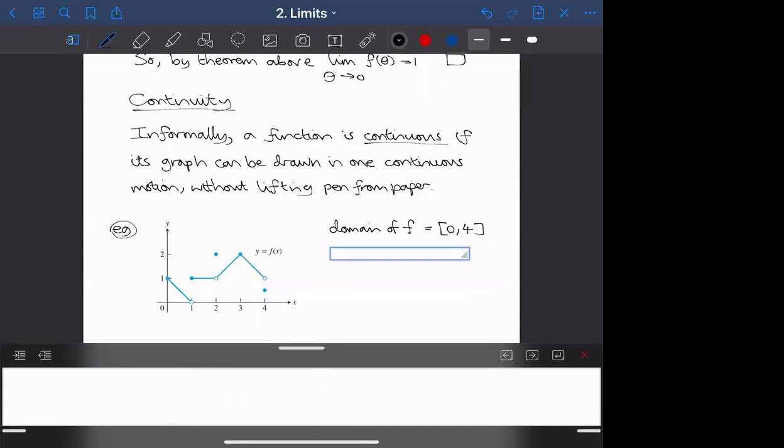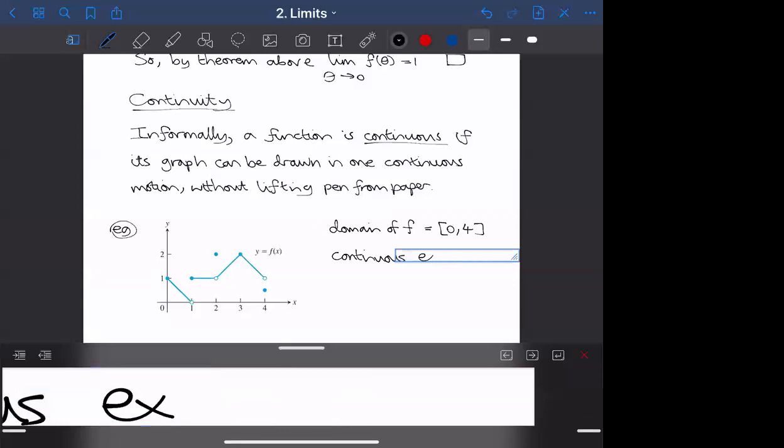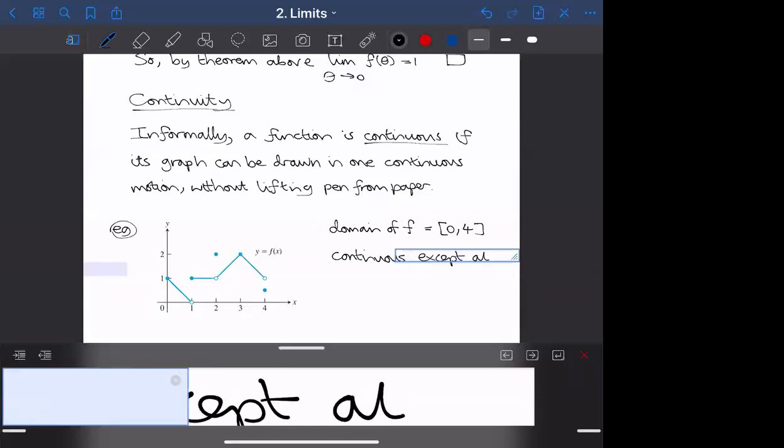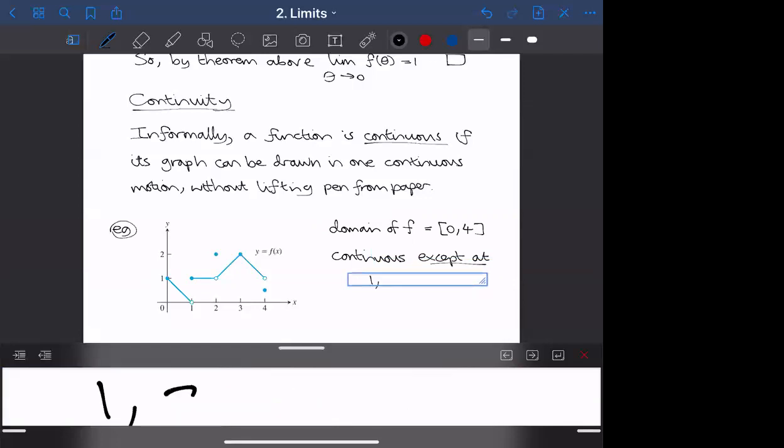And you can also see by this informal explanation that we can draw the function by continuous motion up until 1, and then we can keep going from 1 up until 2, and then we can keep going up until 4. So it's true, we will prove that this is continuous except at points 1, 2, and 4. And so these x values.